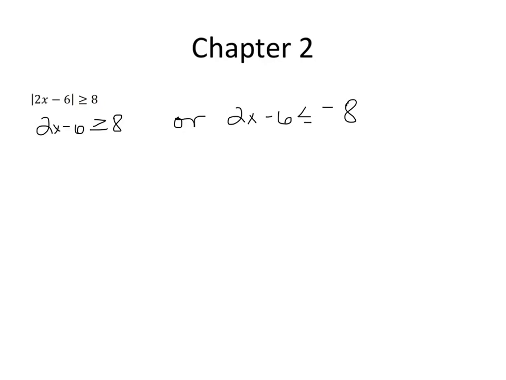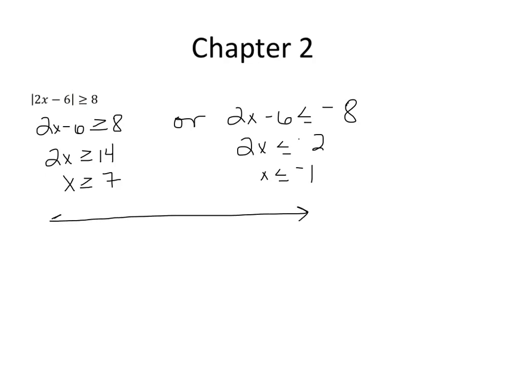Now you solve these the way that you're used to. Now, if you are asked to graph this, here's 7, there's negative 1.